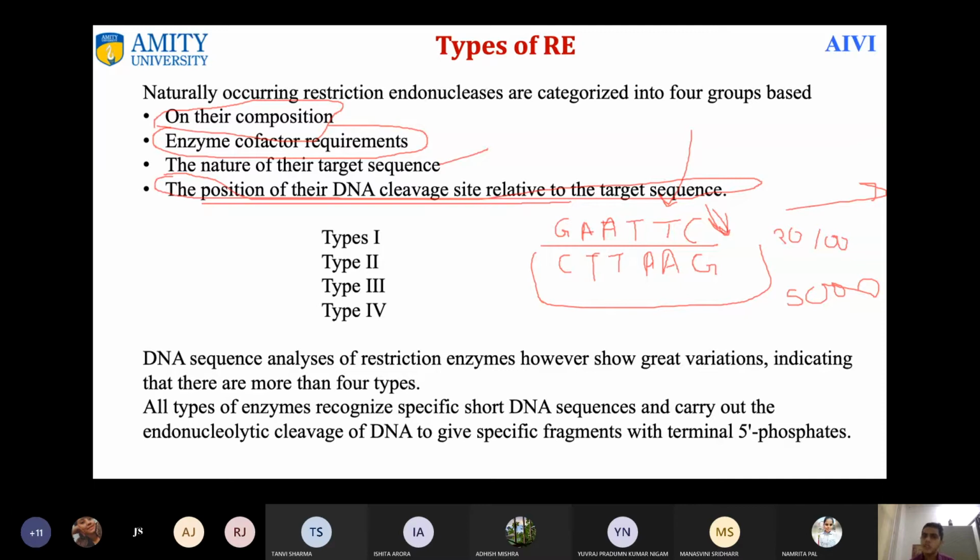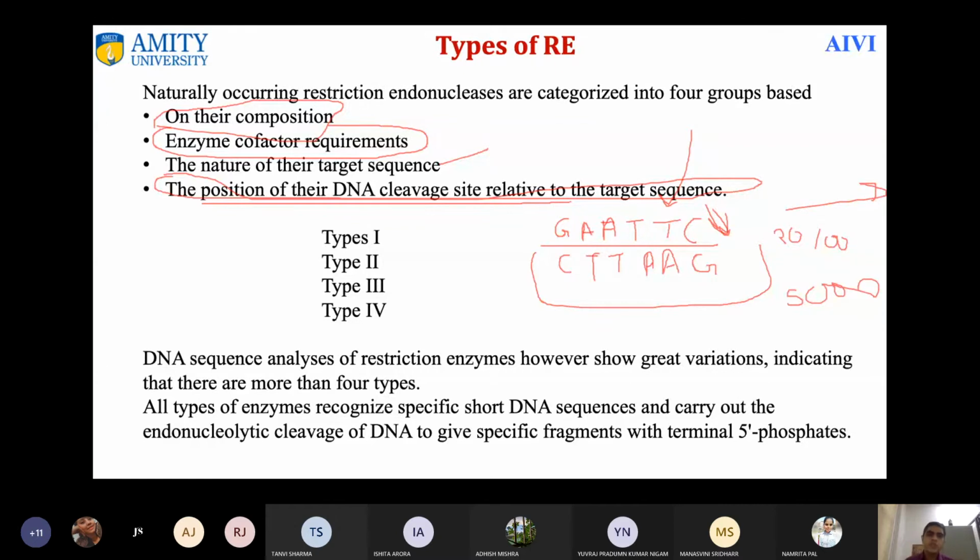Normal endonucleases produce cuts within the DNA. They don't need any recognition site. Just add them, and they are going to produce a cut. But for restriction enzymes, there must be a recognition site. Whether they are producing the cut near the recognition site or very far from it, that's a different thing. But the recognition site is going to be there.